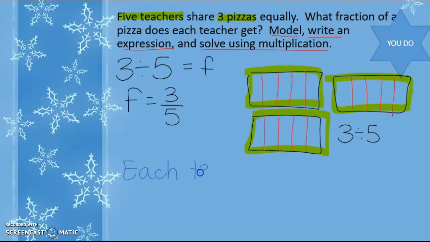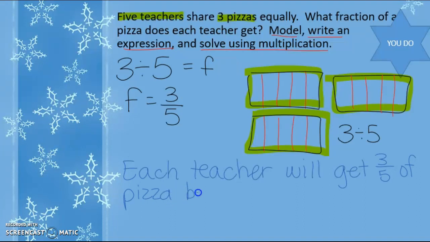Each teacher will get 3/5 of pizza, or 3/5 pizza, because 3 divided by 5 equals 3/5.